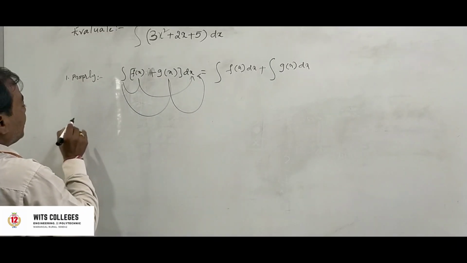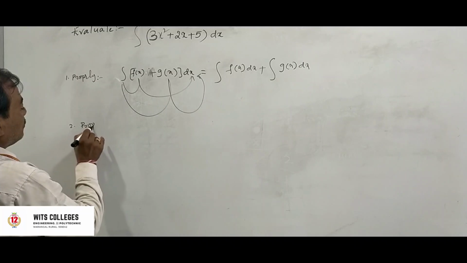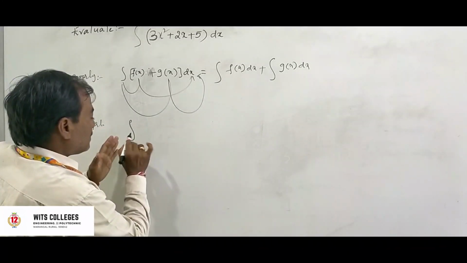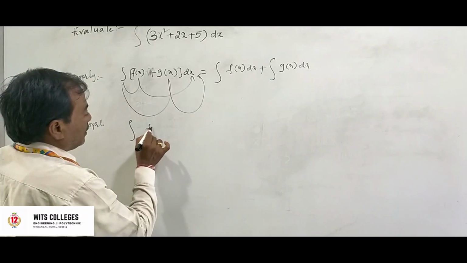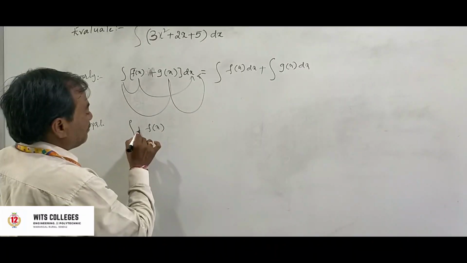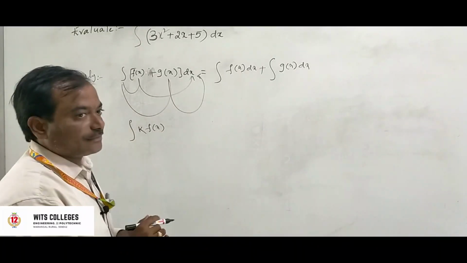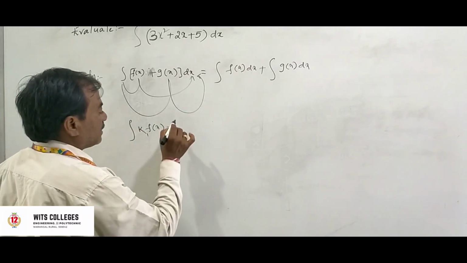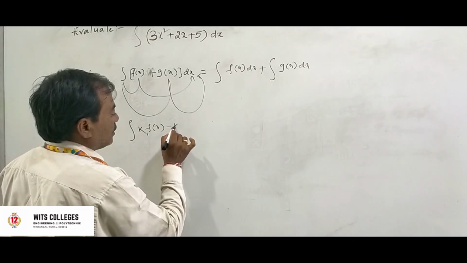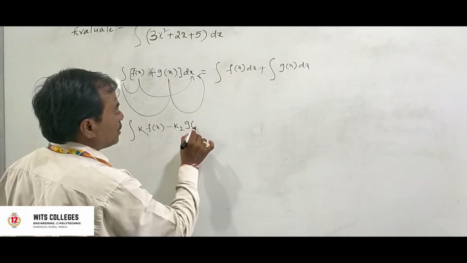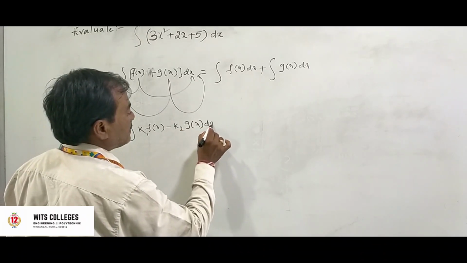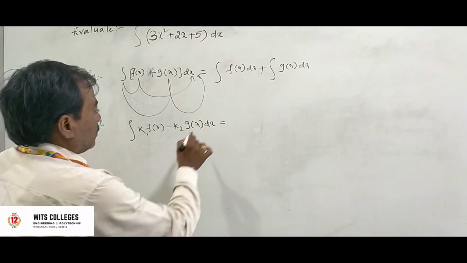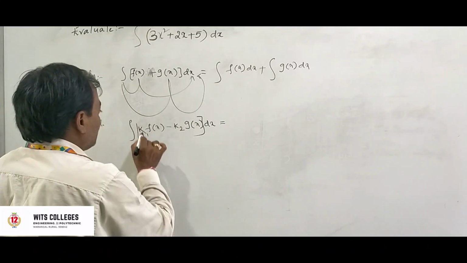And the second property: if in this integral f of x is multiplied by any constant, here the constant is k1, minus k2 g of x dx.